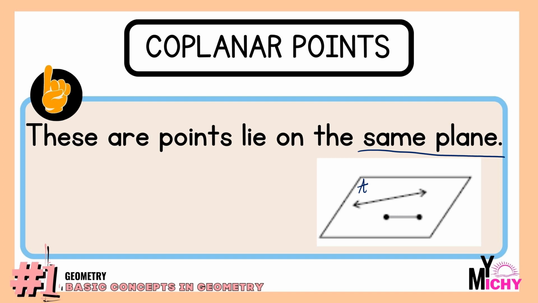So this is plane A, and this point, let's say we have B and we have C, lie on the same plane, which is plane A. Therefore, point B and point C are coplanar points of plane A.